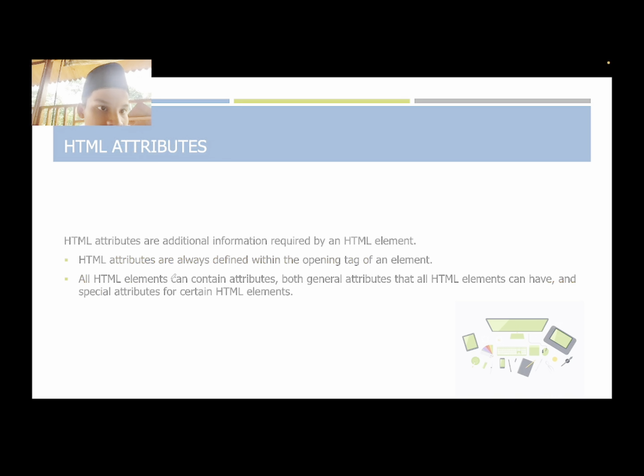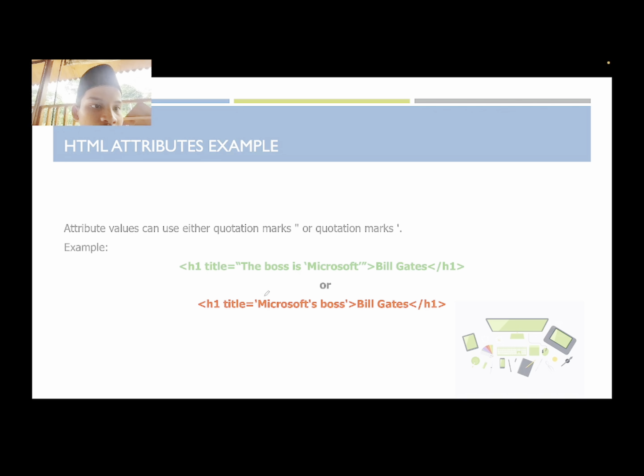Next, we go to HTML attributes. HTML attributes are additional information required by an HTML element. HTML attributes are always defined within the opening tag of the element. All HTML elements can contain attributes, both general attributes that all HTML elements can have, and special attributes for certain HTML elements. Next, an HTML attribute example.